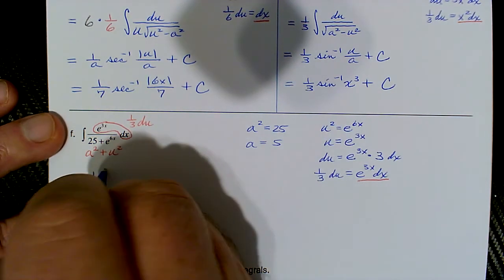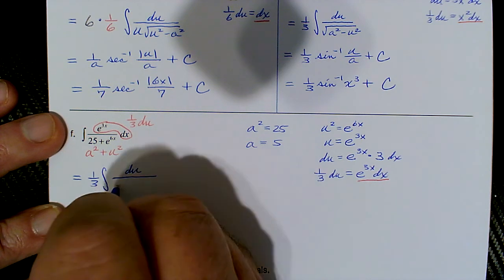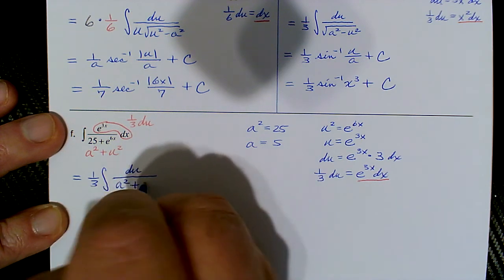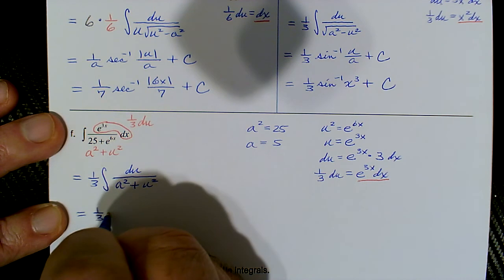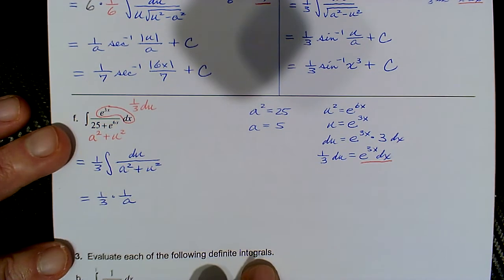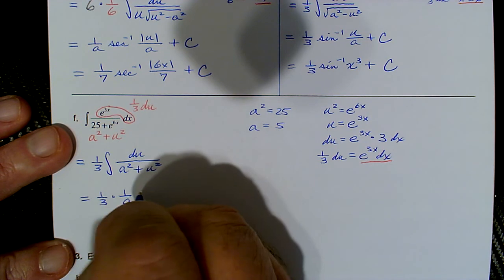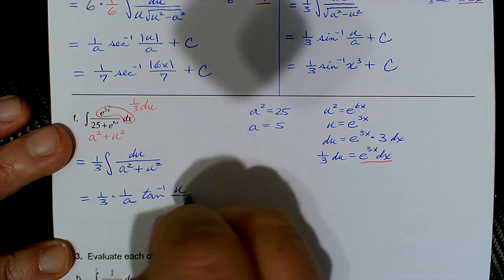Bring out the 1/3 integral, and upon the change of variables, du over a squared plus u squared. Then the 1/3 tags along. Look at the formula sheet if you need to. It integrates to be 1 over a inverse tangent of u over a.